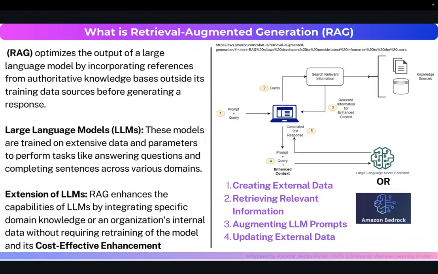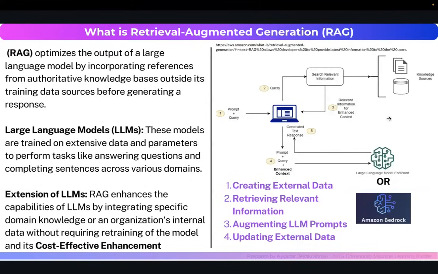The second step is whenever the user gives the prompt, it will go check your stored data. Then it will add that to your prompt and get the output from the large language model and respond back to your query. Okay, so this is the high-level step.